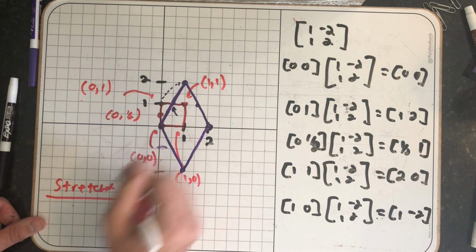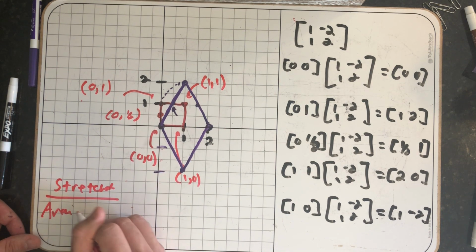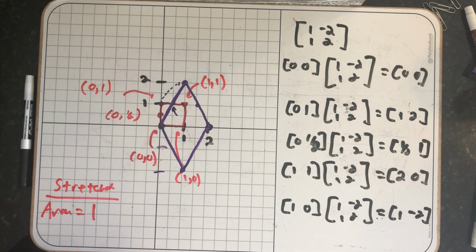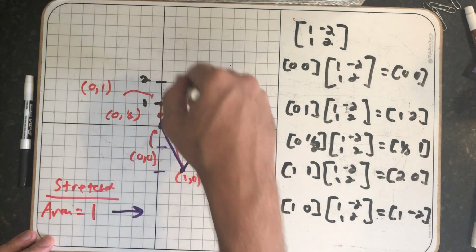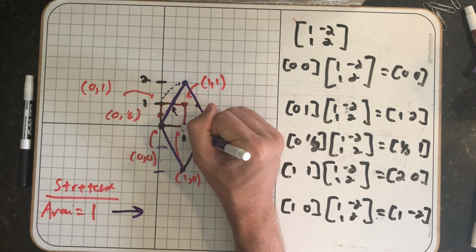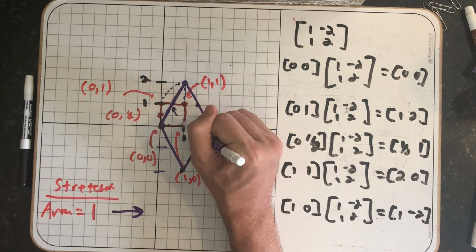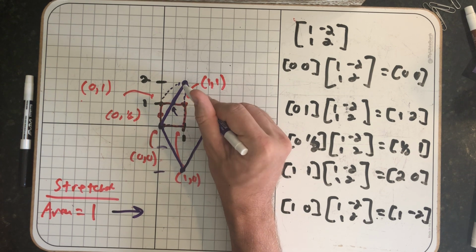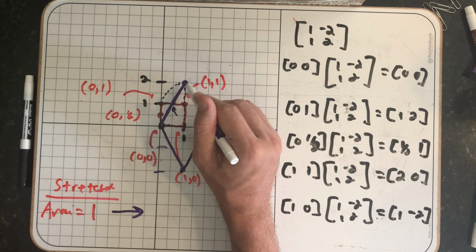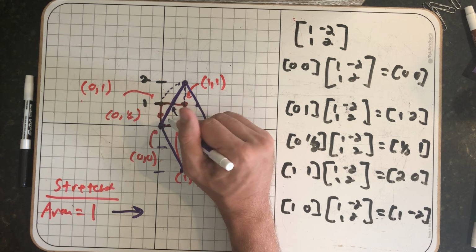My original square certainly had an area of 1. I applied my matrix, and I get this diamond, and I want to think about its area. Well, if I just look at a quarter of it, I get a triangle. And that triangle is a 1 by 2, so base by height, and 1/2 base times height, I'd get an area of 1 just for that part.